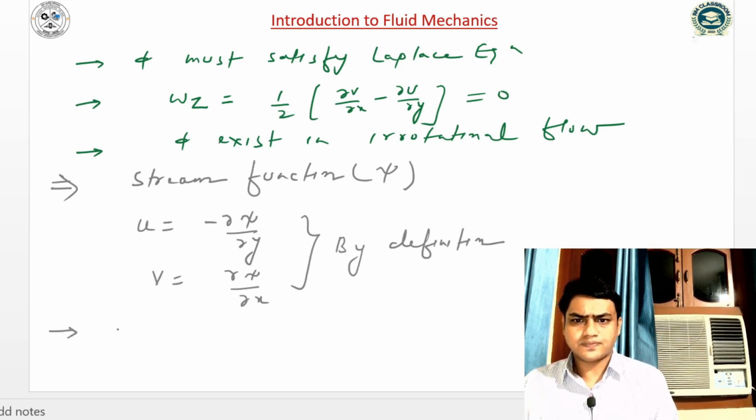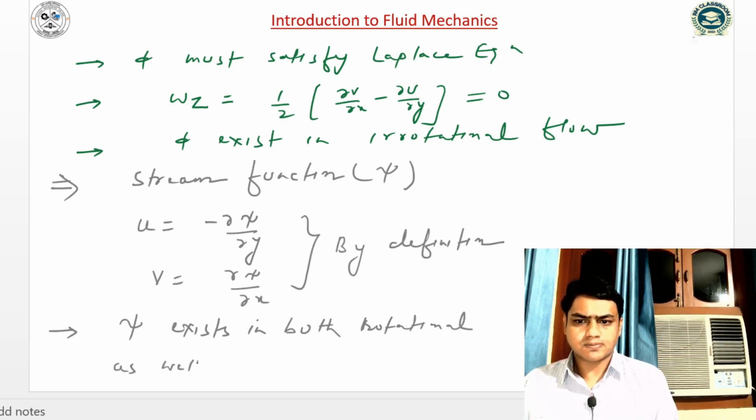And we can write that the stream function psi exists in both rotational as well as irrotational flow.